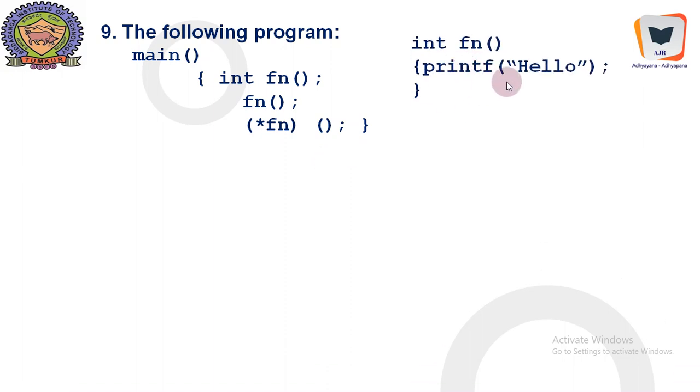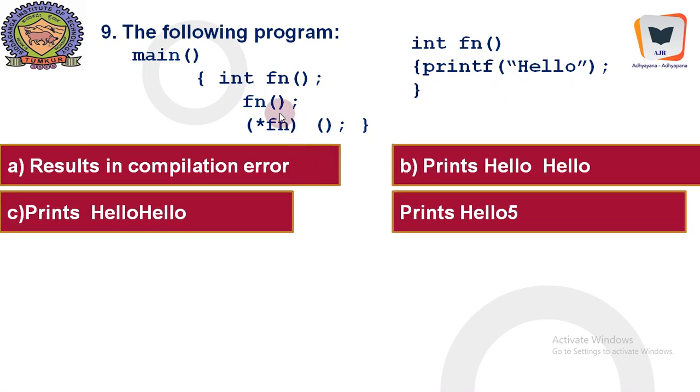Here the function is defined. The function will just print hello. Since the function is called 2 times, it has to print hello, but it will never give space. One time it is printed over here, since there is no \n. The second time it prints just by the side of it, and this is wrong. This is also wrong.